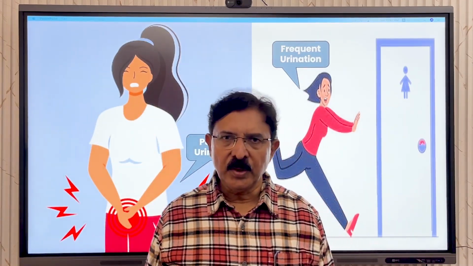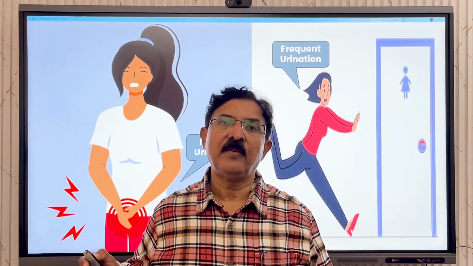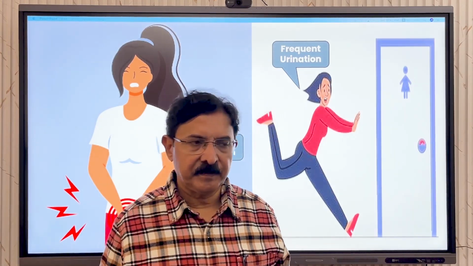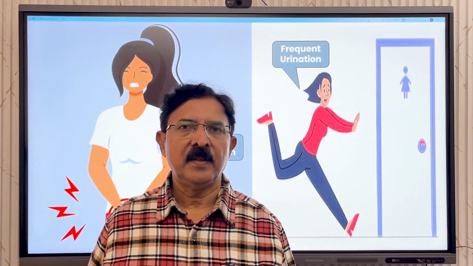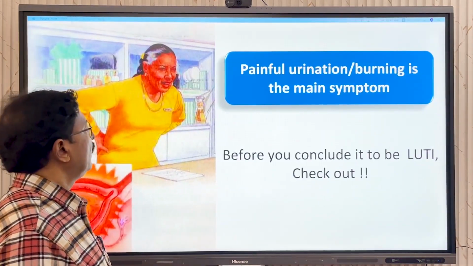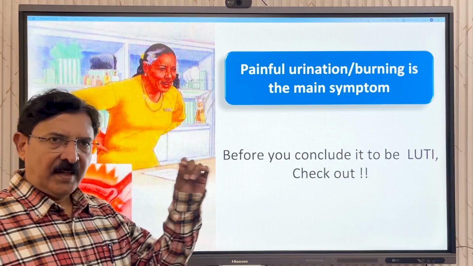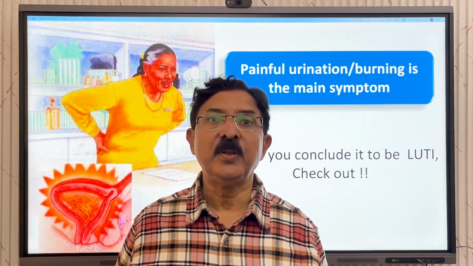Patients usually have both, but a patient can have one of these as a more dominant symptom. Fever is usually not a very common symptom of lower urinary tract infection. So let us first delve into this issue, the painful urination.